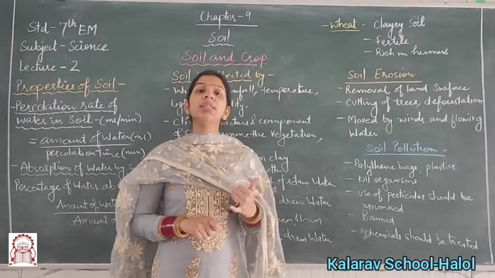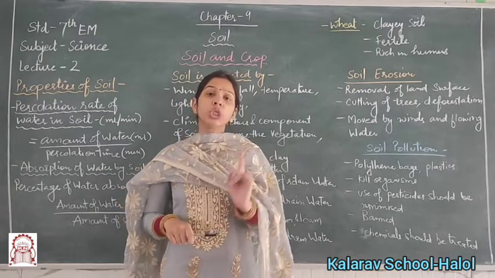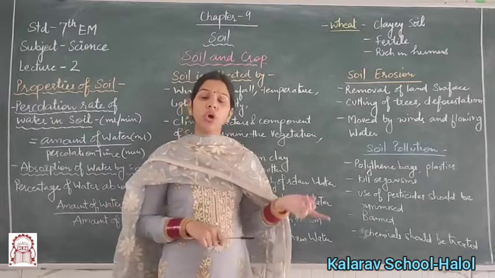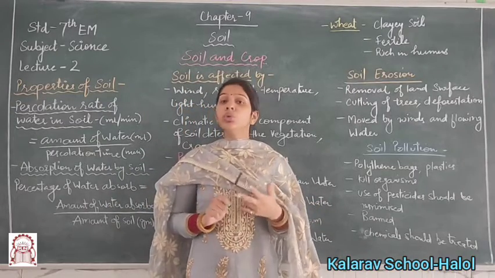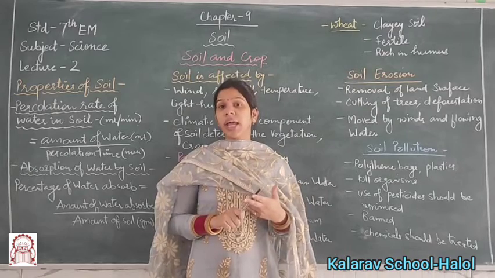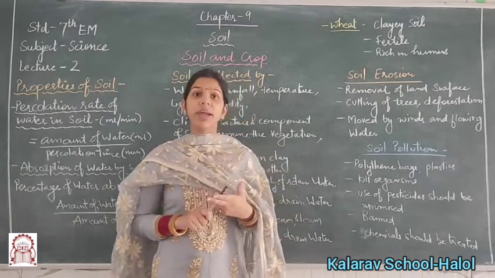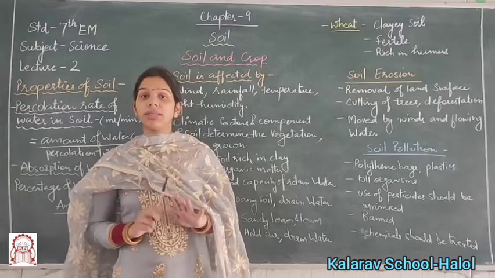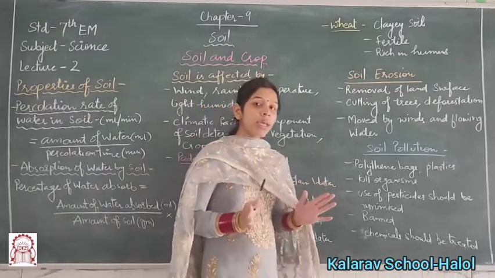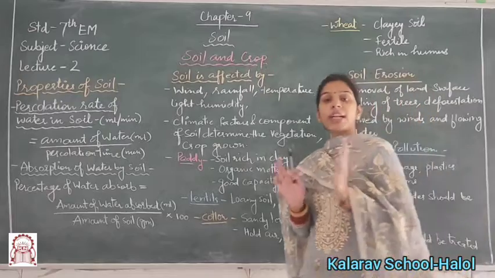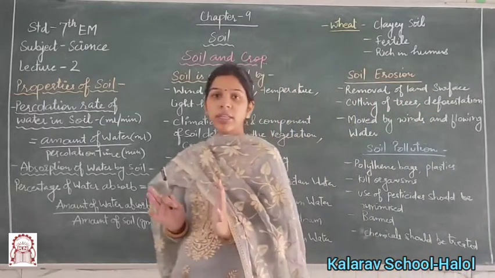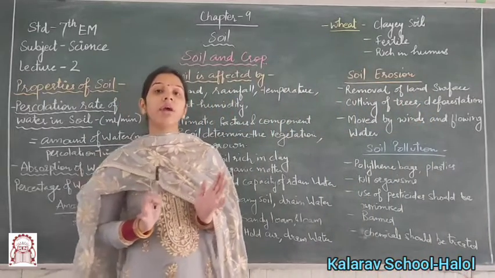The waste materials and chemicals of industry should be treated before being thrown on the soil. And the use of chemical fertilizers or pesticides should be minimized. In this way we can maintain our soil profile, its texture, characteristics, nutrients, etc.